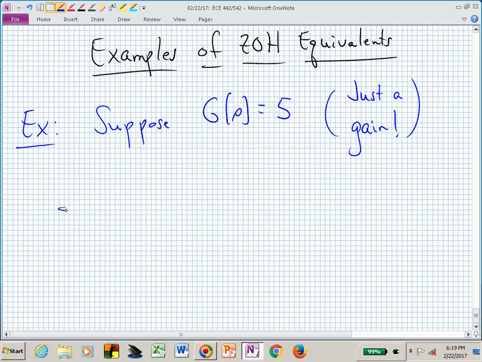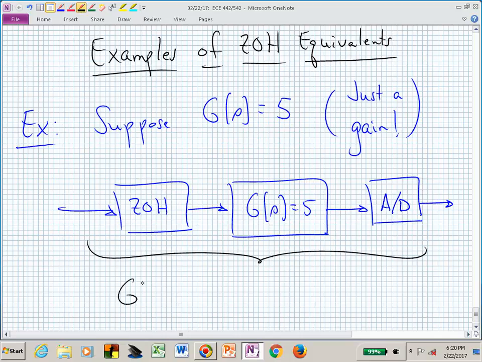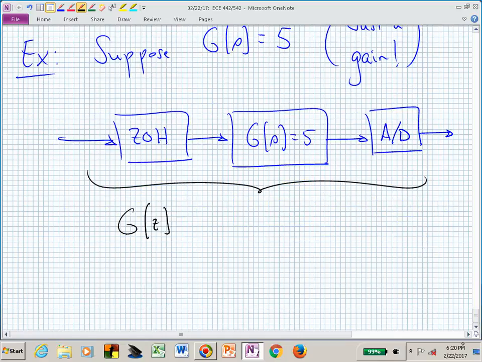Let's see what happens when we now want to find the zero order hold equivalent, which in block diagram terms is compacting or putting all three of these pieces together. We now want to find what is the G(z) associated with a plant preceded by a hold.